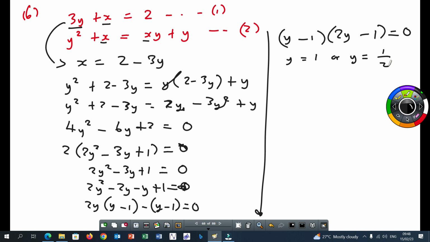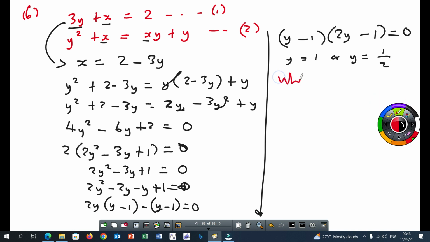Then, to get the x value, so here I'll say, when y is equal to 1, x will equal 2 minus 3 times 1. So you get negative 1 there.